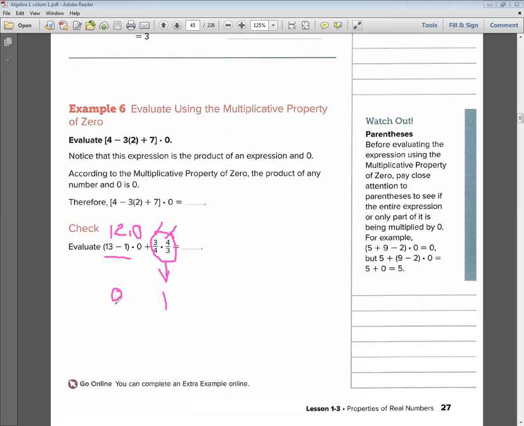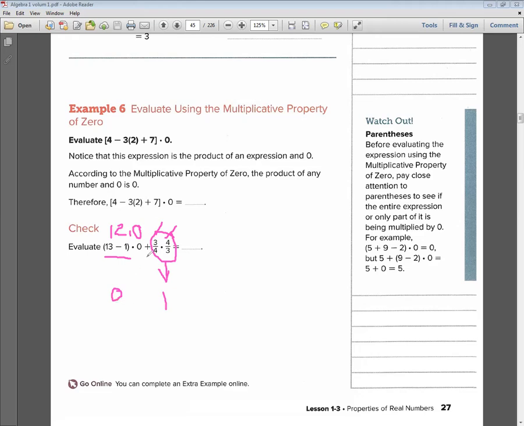There is a difference between adding 12 and 0, and multiplying 12 and 0. In the addition, you will have 12 plus 0 equals 12, because 0 is the additive identity. In multiplication, 12 multiplied by 0 is 0, because this is the property of the product of 0.